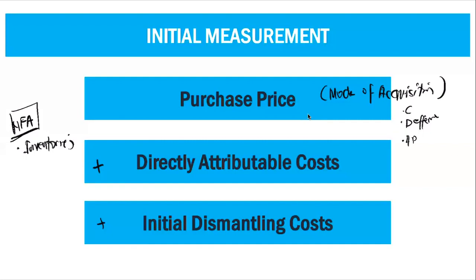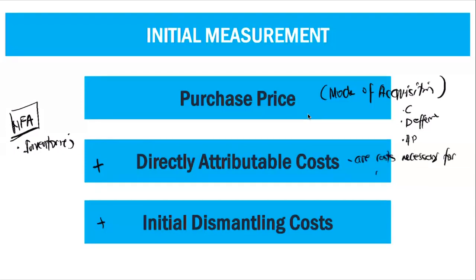So before, we also discussed directly attributable costs for inventories. And what is the directly attributable cost for property, plant, and equipment? The directly attributable costs for property, plant, and equipment are the costs necessary for its present location and condition.